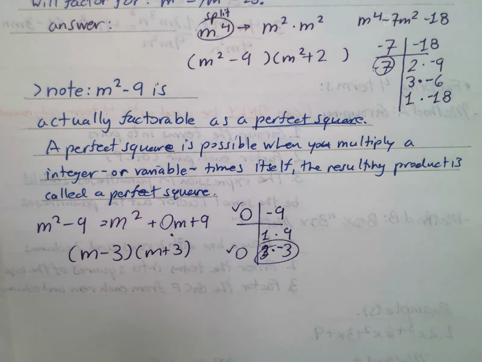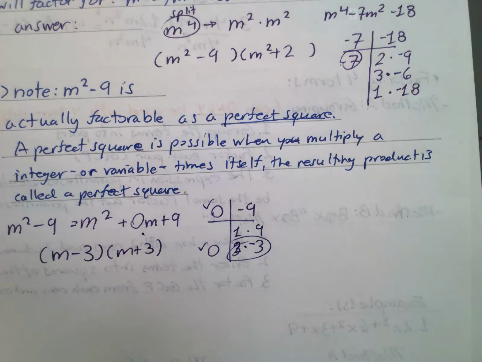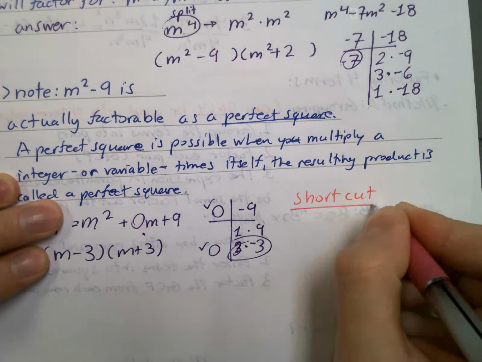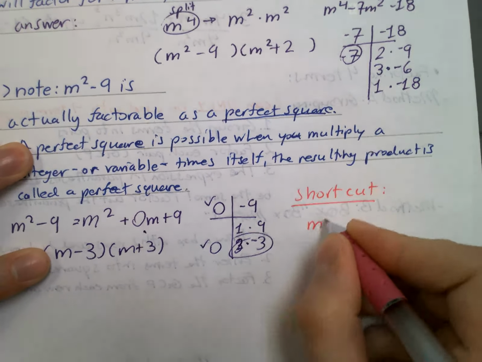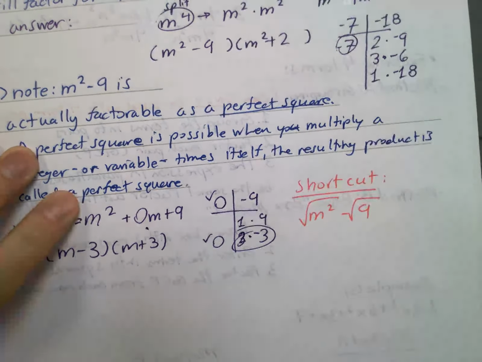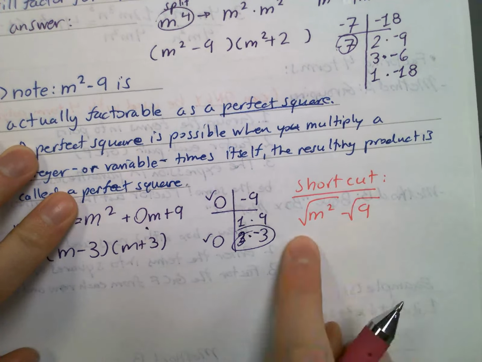Now, a fun little fact here, there's a shortcut. If you take the m squared and the 9 and take the radical of each, you will get the same thing. What is the radical of m squared?